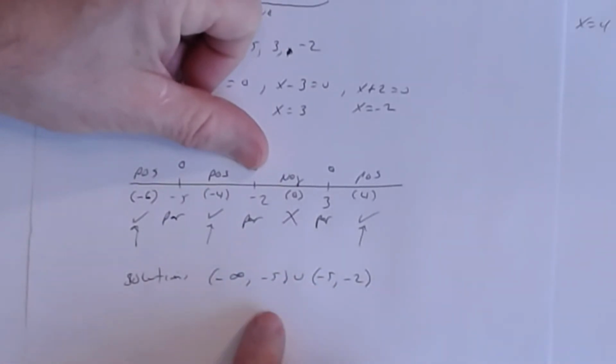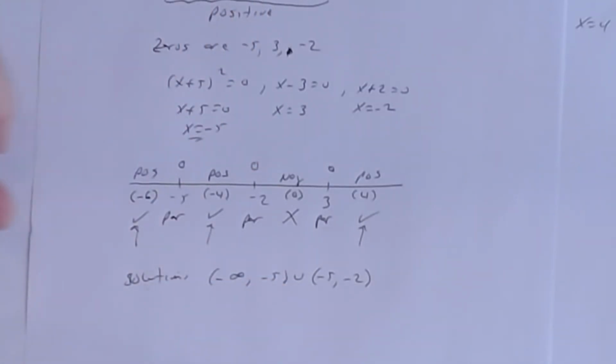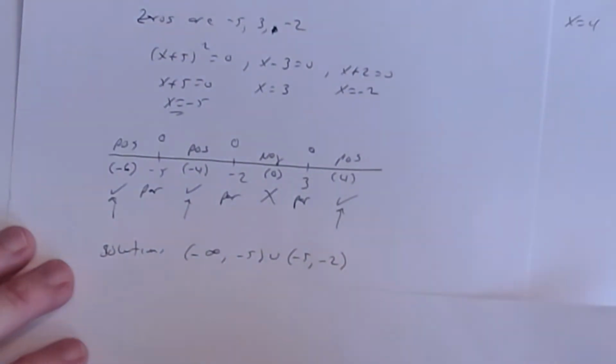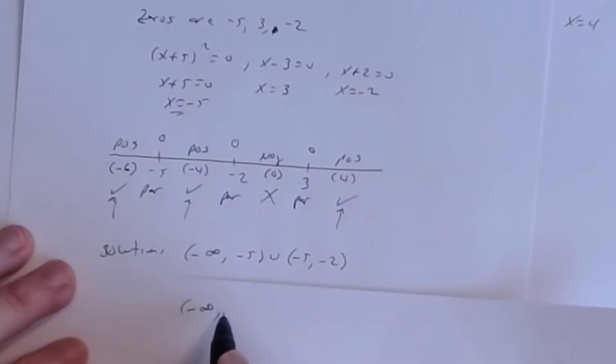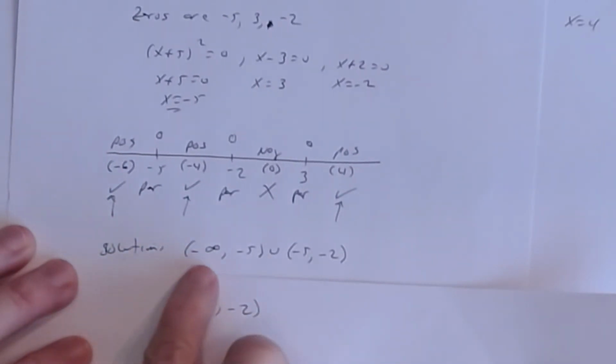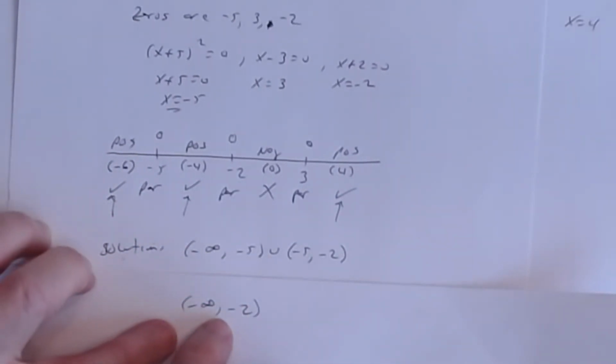Now, make sure you understand why we don't say negative infinity to negative 2, because negative 5 is not a solution. If you wrote negative infinity to negative 2, if you wrote it like this, you're saying negative 5 is.